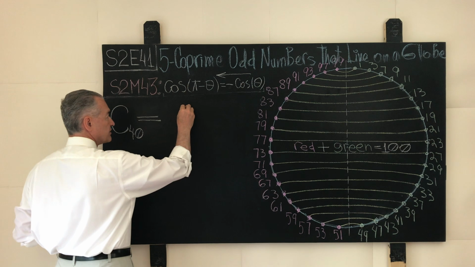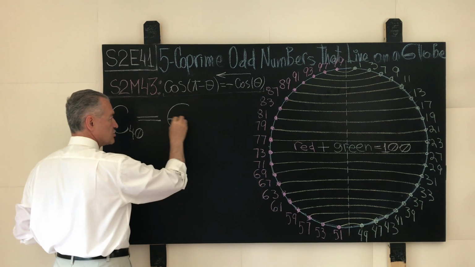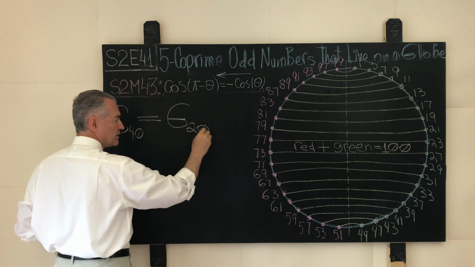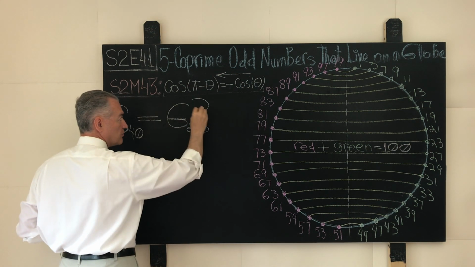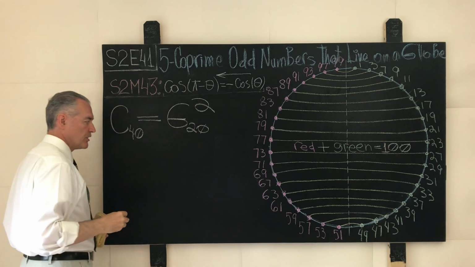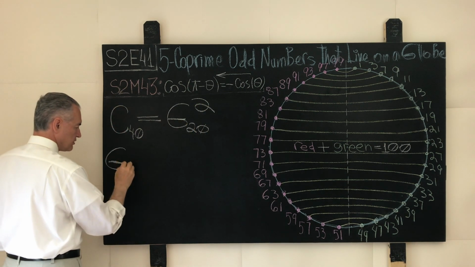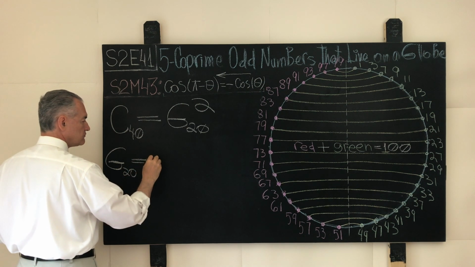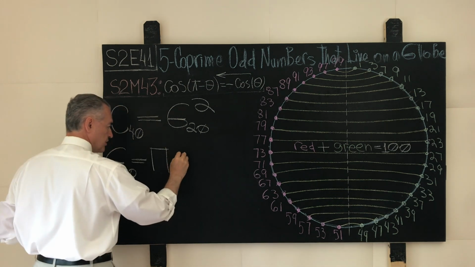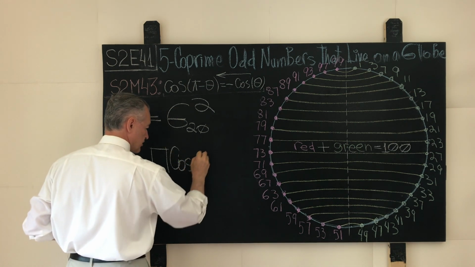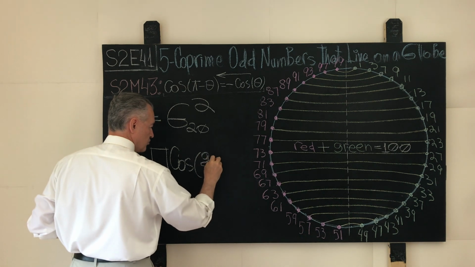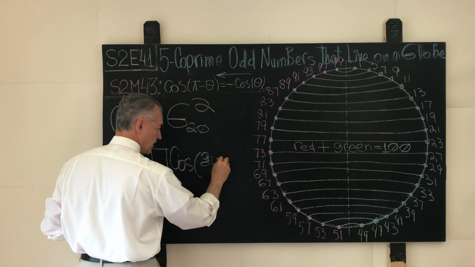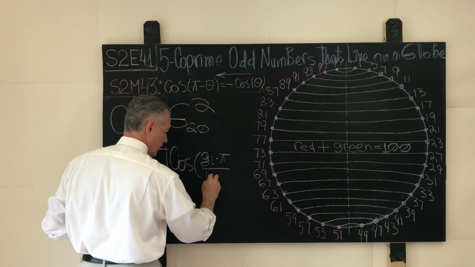That means that if we designate that new product as G for green cosines, and there will be exactly 20 of those, that will be the green product squared, where for the green product of 20 cosines, we will have what? We'll have the product of the values of the trigonometric function of cosine, each of which is evaluated at which argument? G for green sub I times pi over 100.